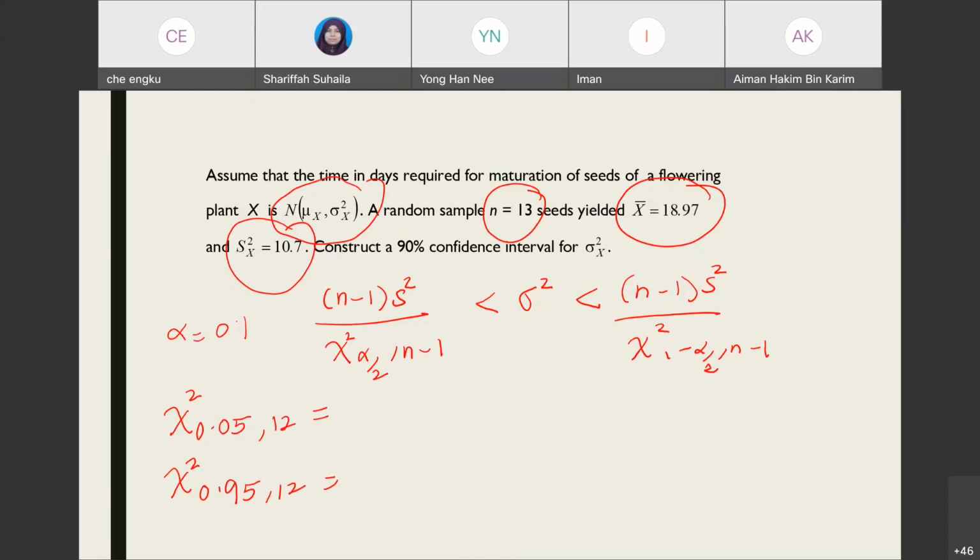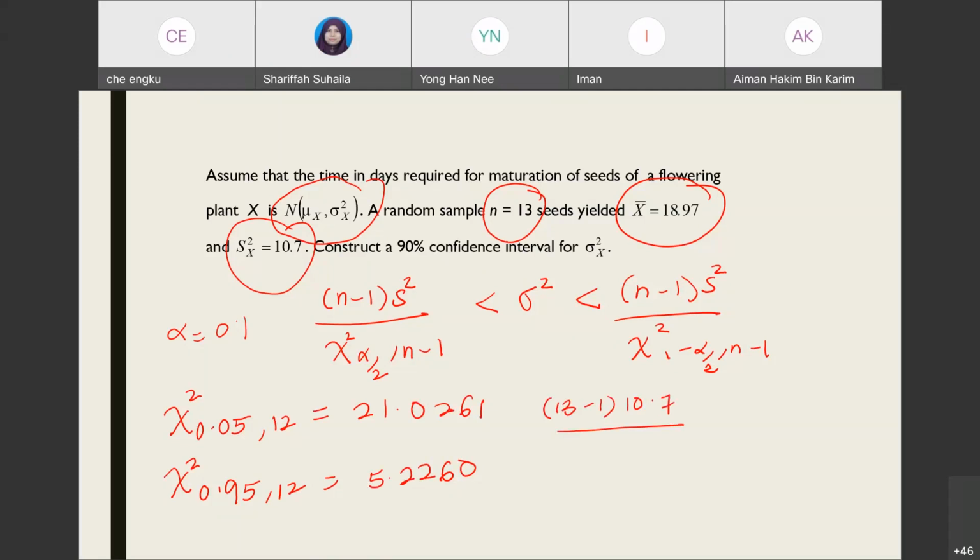So you will have 21.02, 61, this one, and 5.2260. Then you substitute. 13 minus 1, S square is 10.7. It is already squared, no need to square again. If you are given the sample standard deviation, yes, you need to square the value.